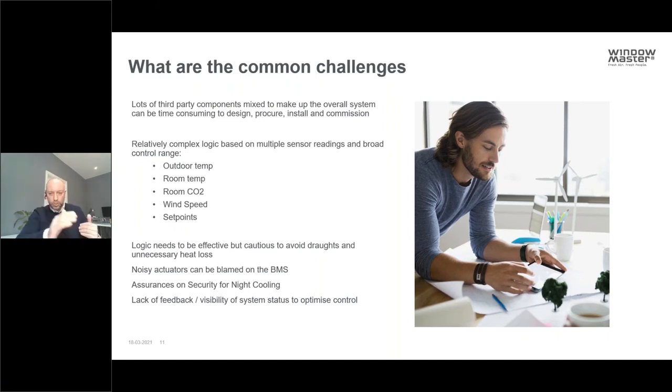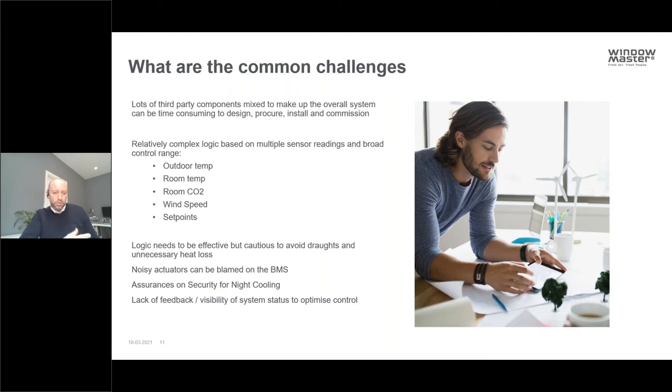We've got quite wide-ranging control. Windows typically have quite a broad range of opening, and we need to understand that when it's very windy and cold outside, we probably need to be a little bit cautious about how far we open those windows. We need to limit those windows and exhibit a high degree of control over the amount of ventilation so that we don't cause problems with drafts and unnecessary heat loss. Equally, in the past, there's been a lot of projects where noisy actuators have been blamed on the BMS, even if they've been procured through the window package, but of course it's part of the BMS control.